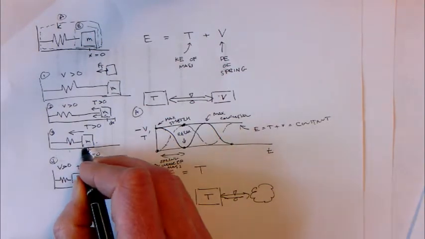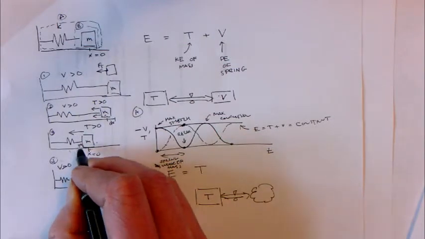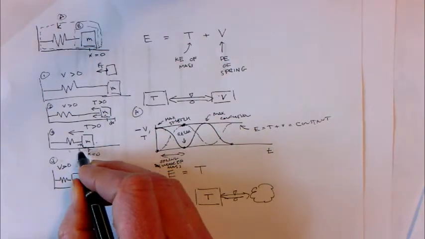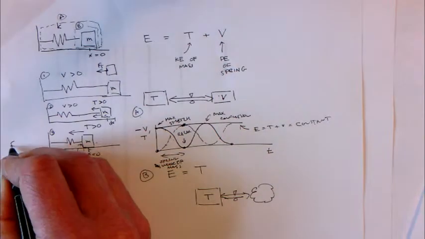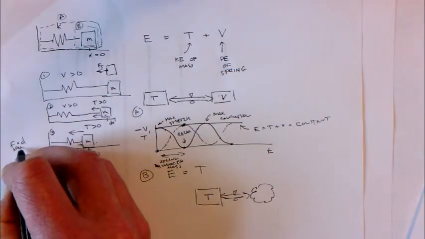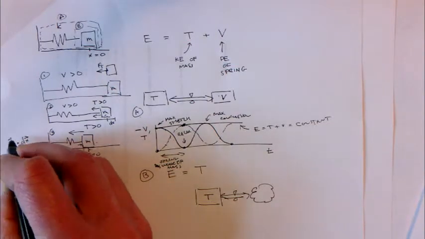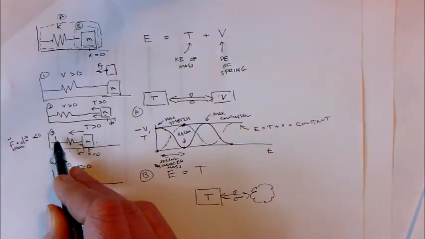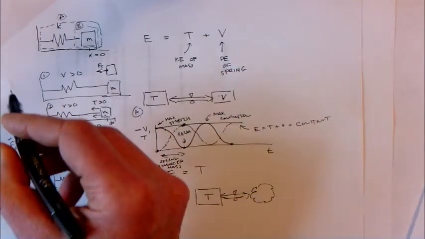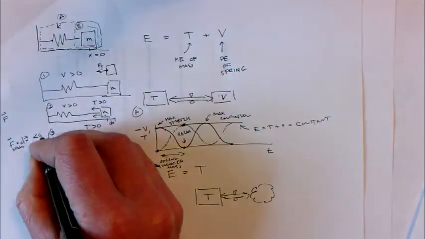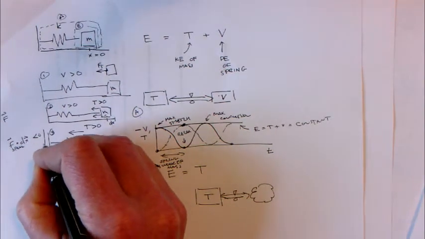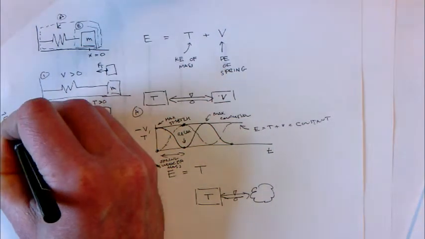now if you think about it, the spring is actually applying a force that's in that direction, while the displacement is in that direction. So F dot dx, the force of the spring dot dx, is less than 0 between time 3 and time 4.